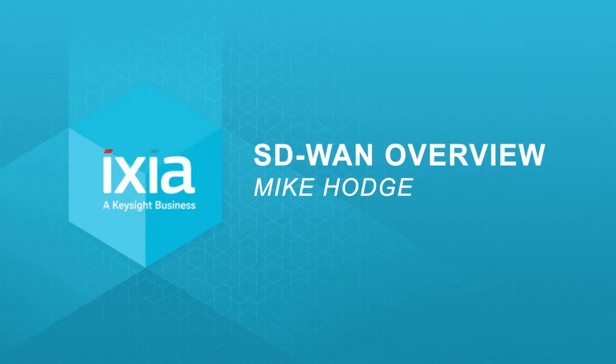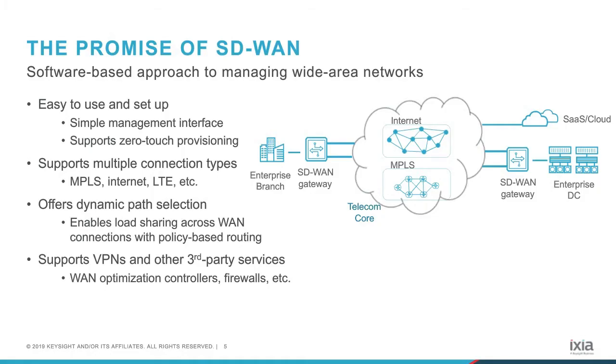So let's get started. So what is SD-WAN? Well, in its simplest form, it's a software-based approach to managing wide area networks. In the past, WAN connections often required fixed circuits or proprietary hardware, which were expensive to employ, difficult to set up, and not cloud-friendly. However, SD-WANs, also known as software-defined wide area networks, utilize software to simplify that management and increase scale.